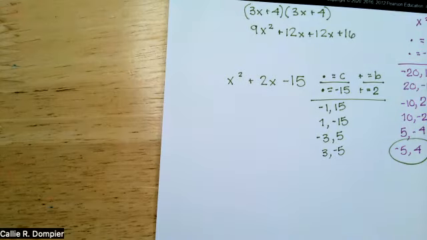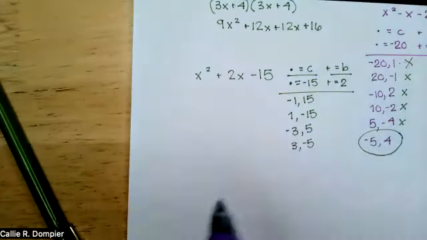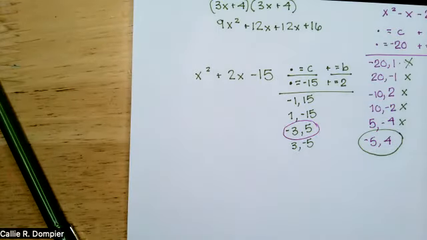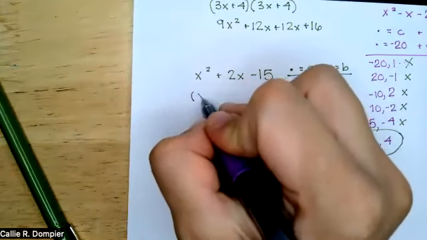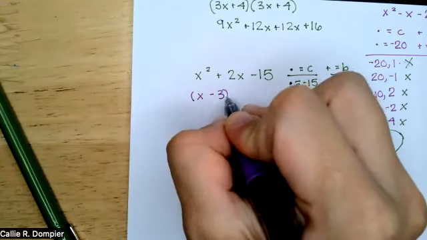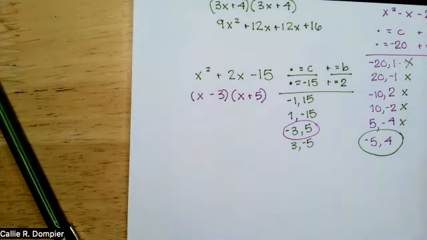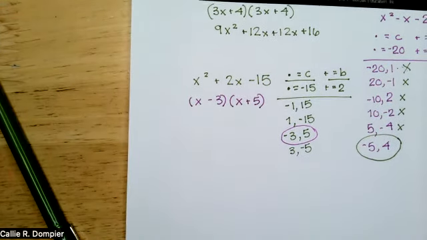And it needs to add up to 2. That looks like this one, right? So this will be x minus 3 times x plus 5.